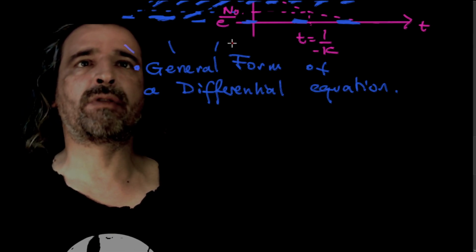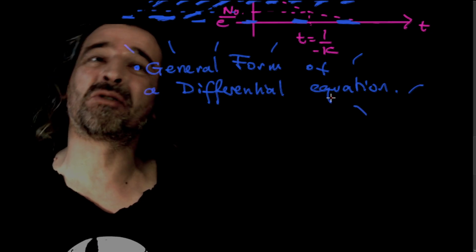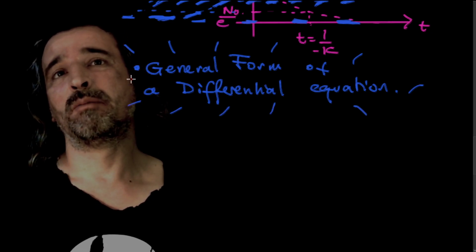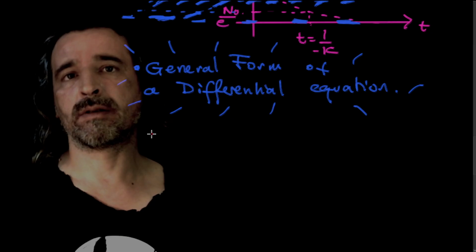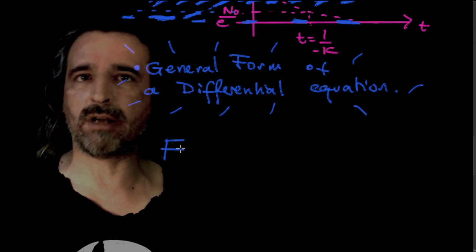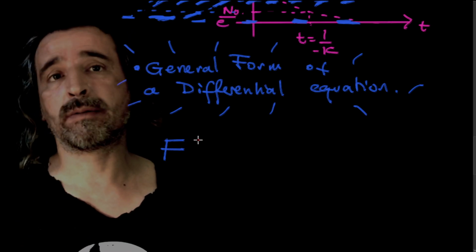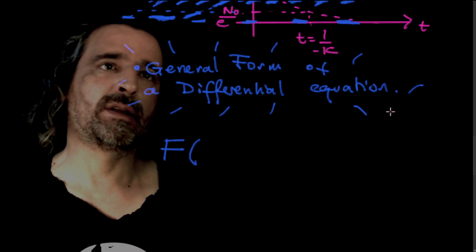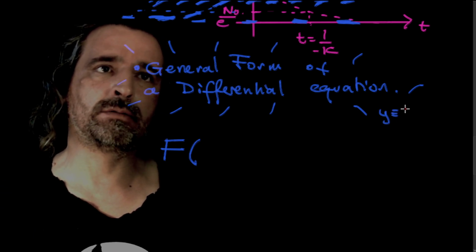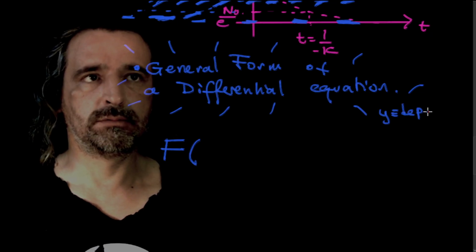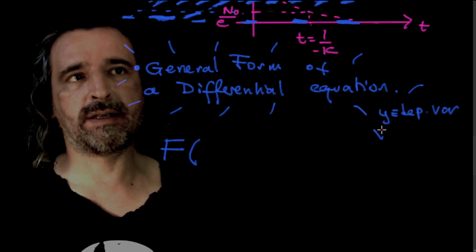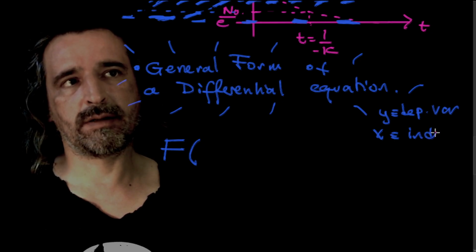So the general form of the differential equation is going to be a functional relationship between a function and its derivatives. So it's going to be something like a big function F that is relating a function and its derivatives. Let's say that y is the dependent variable and x is the independent variable in this case.